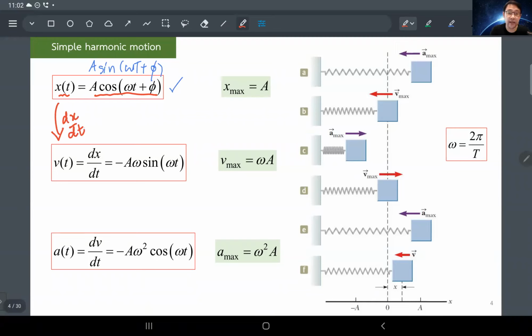Once you get to velocity, you do one more derivative and you will get to the acceleration. So that means you can describe the motion every time, everywhere, whenever, whatever you want. It's done.